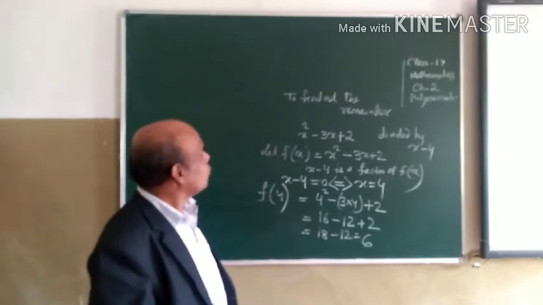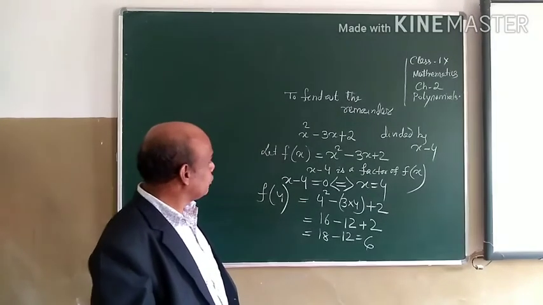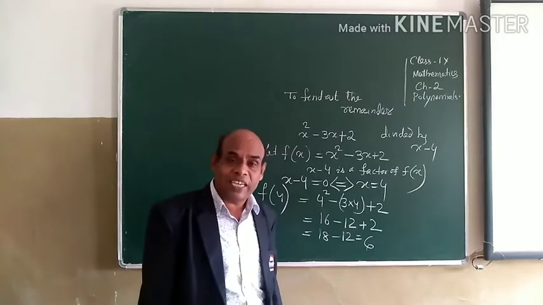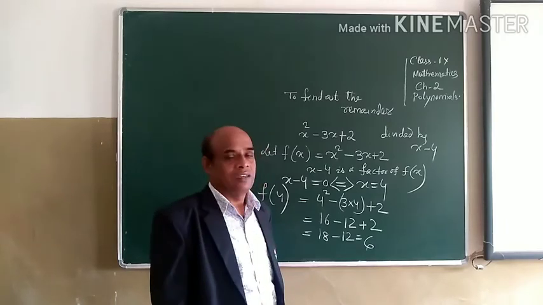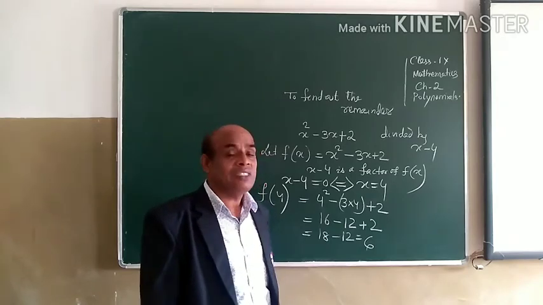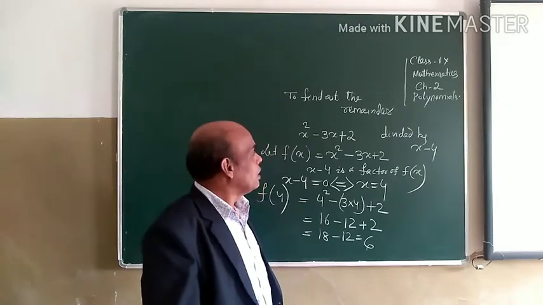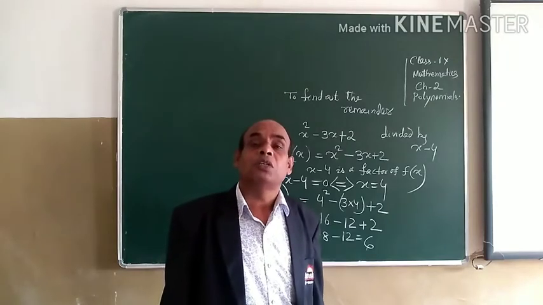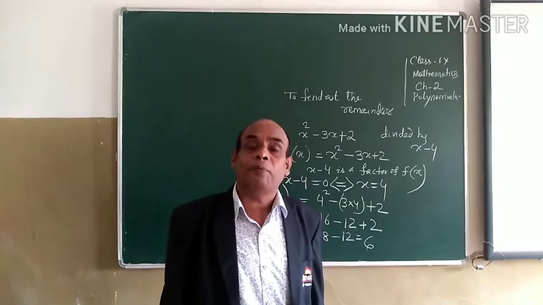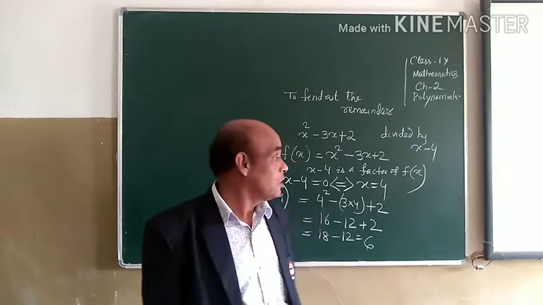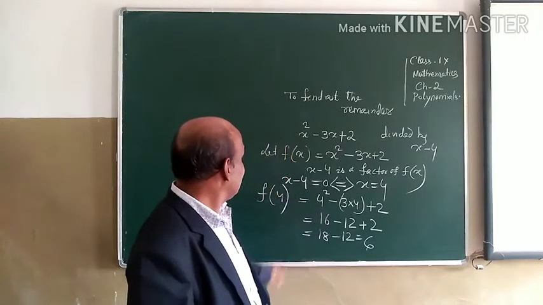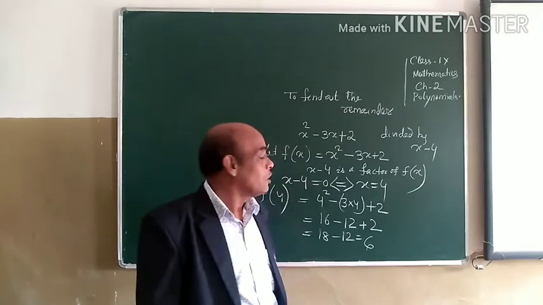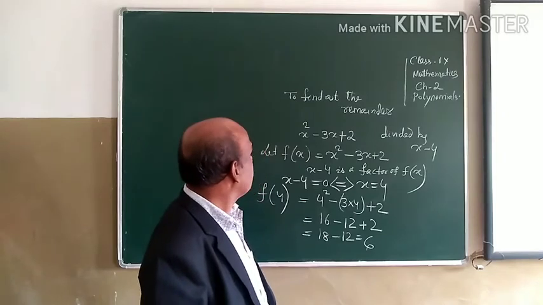Remember, whenever the dividend is given to you, you have to write let f(x) is equal to that expression. Divisor is already given, that is x minus 4, so x minus 4 is a factor of f(x). So x minus 4 is equal to 0 if and only if x is equal to 4.